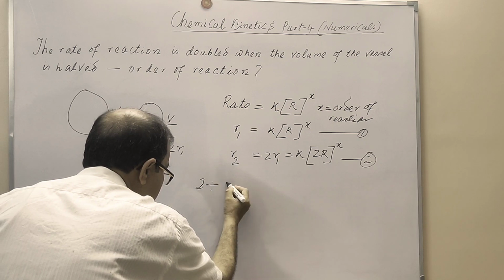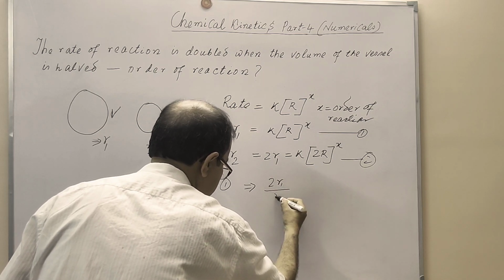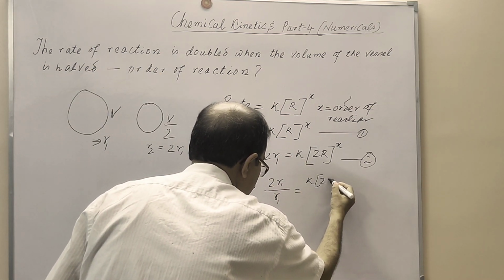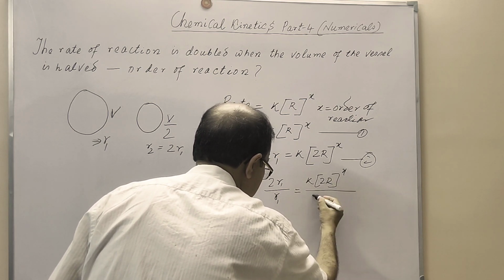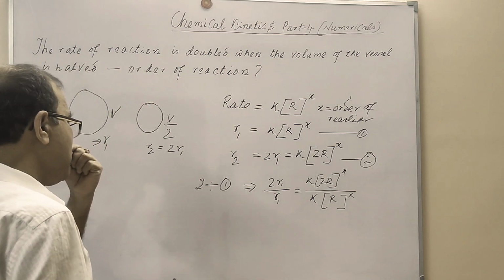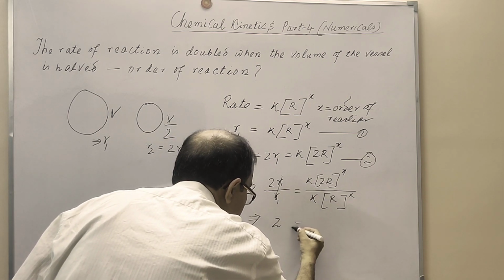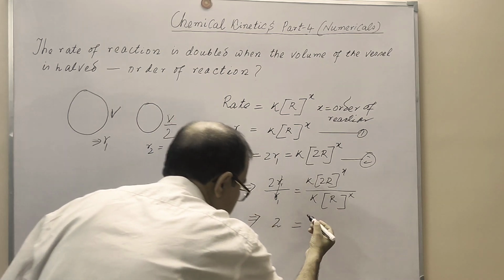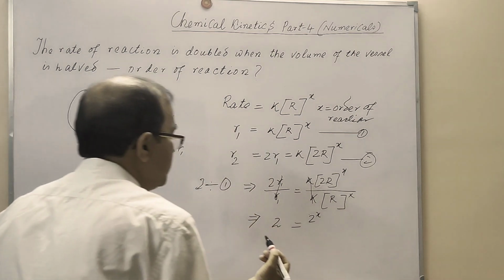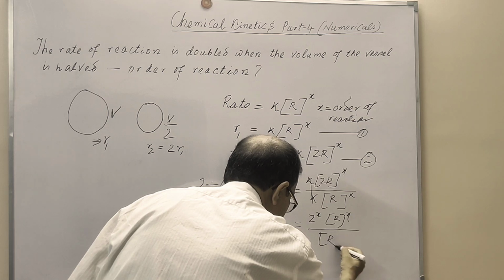So equation 2 divided by equation 1, now K is cancelled, and here 2 to the power x is only there, the remaining terms are cancelled. You can understand that.